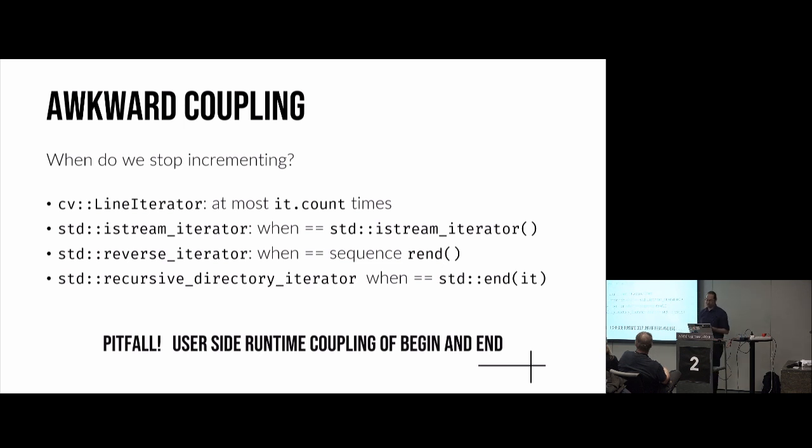The reverse iterator must be compared to the underlying sequence's end iterator. And the recursive directory iterator is checked by comparing it to calling the free function std::end on the iterator itself. So maybe this is not the only way to do it, that's one way to do it, right?